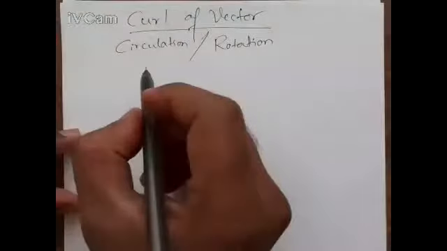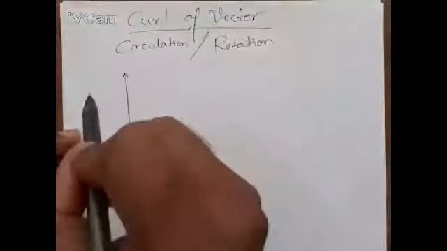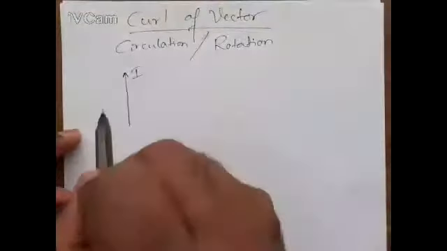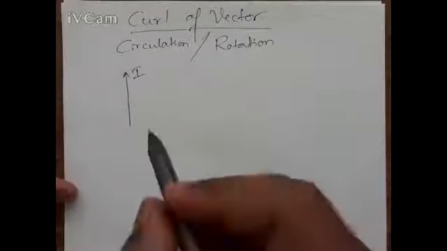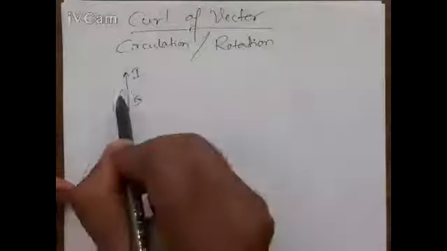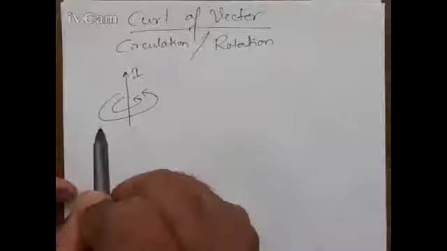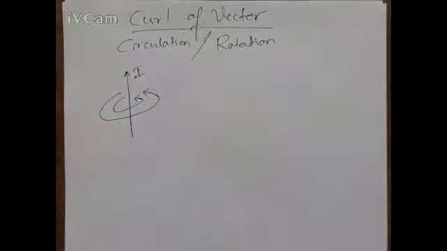For example, if I have this current carrying conductor, I is the current which is passing here. Every current carrying conductor produces a magnetic field around it. A magnetic field perpendicular to the flow of current is produced.